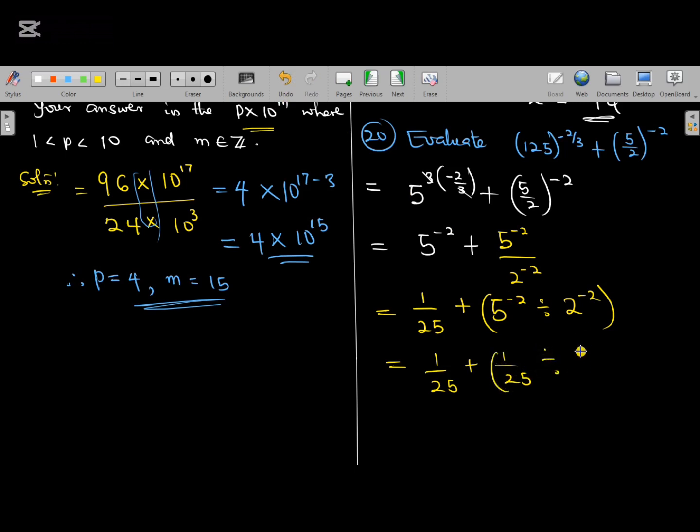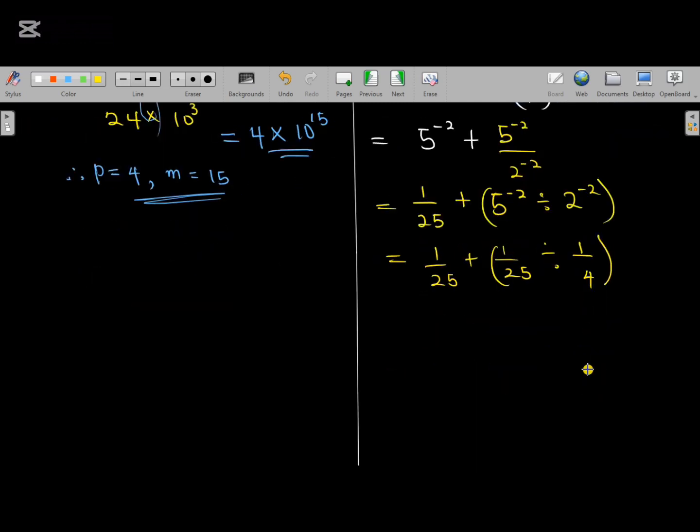So here will now be 1 all over 2 to power 2, which is 4, okay? So at that point now, we can try to bring this down, 1 over 25 plus, so here we'll have 1 over 25 as well, then times 4 over 1, okay?